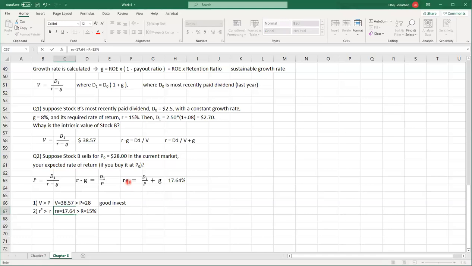The expected rate of return is quite higher than the required rate of return. So we say this is a good investment. Okay, so that's how you use this information for your investment decision making.